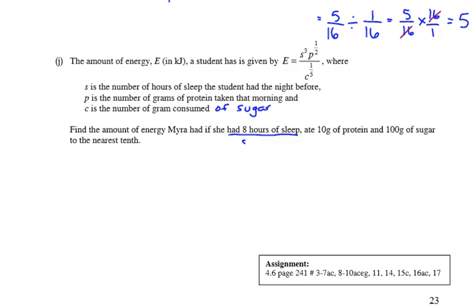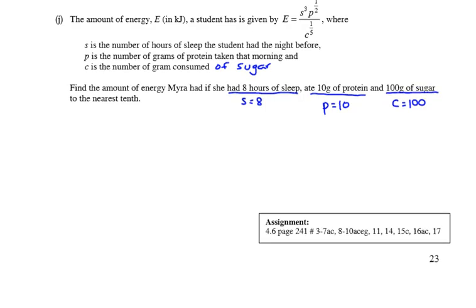So that means her S is 8. She ate 10 grams of protein, so P is 10, and consumed 100 grams of sugar, so your C is 100. It's a matter of just plugging it into the formula. So go ahead and plug that into the formula, see what you get to the nearest 10th.